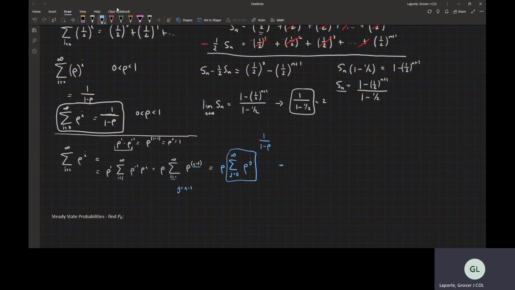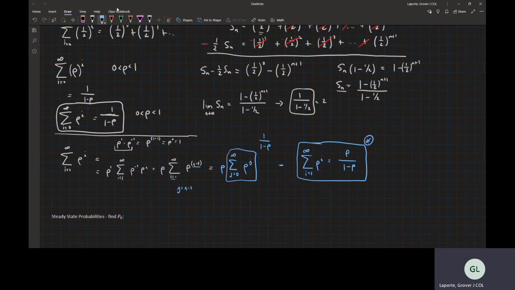So because of that, I can simply say that the sum from i equals 1 to infinity of rho to the i is equal to rho over 1 minus rho. There might be an easier way of doing that, but that's the way I did it, just to remind you what that sucker is equal to. So we have this result.